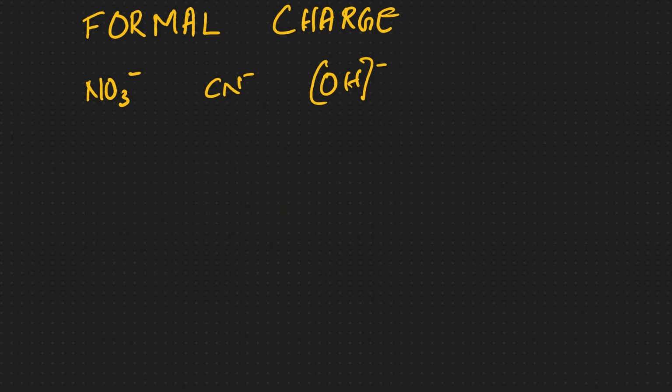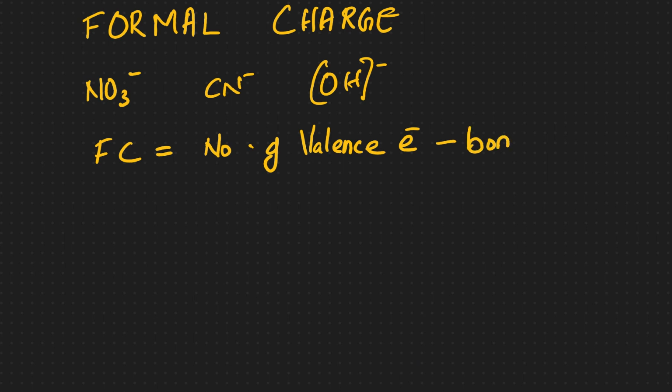So in order to calculate the formal charge, the equation we use is: formal charge is equal to the number of valence electrons minus the number of bonds.